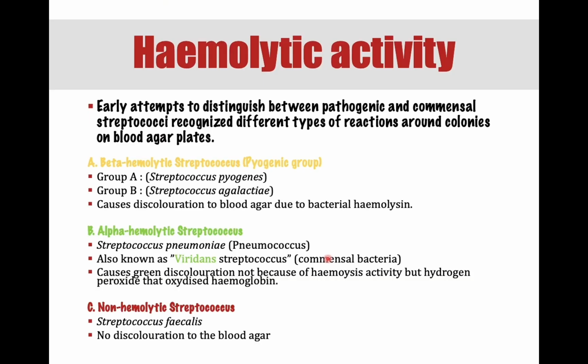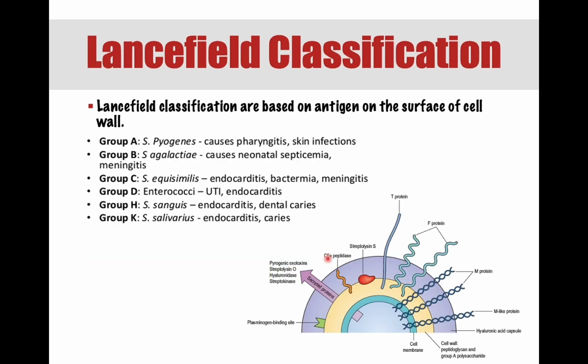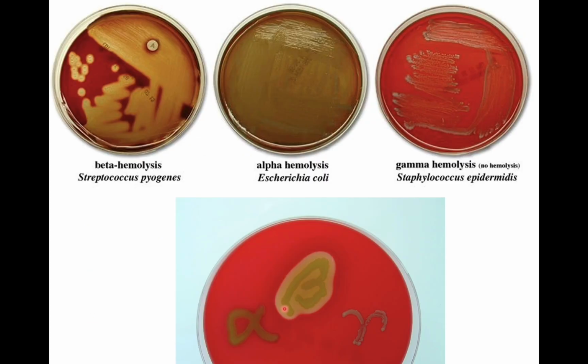For alpha hemolysis, it gives rise to a green discoloration. Look at here, this is alpha. It gives green discoloration around colonies on blood agar. This usually occurs in most commensal Streptococcus. This phenomenon is termed alpha hemolysis, although it is not caused by hemolysis.